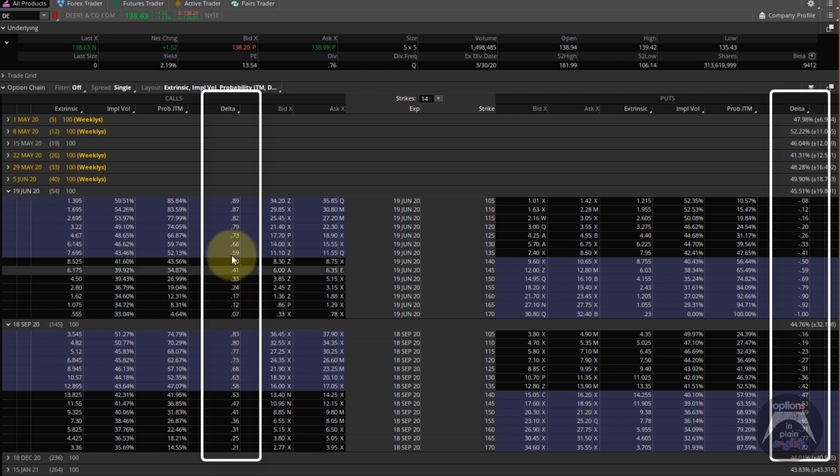So if you remember, as you start getting close to expiration, your in the monies are going to go towards 1 or minus 1 for puts, and your out of the monies are going to start going towards 0. So for example, the 170 that's out of the money for calls in September has a delta of 21, but in May, with less time to expiration, the 170 calls, the same ones, have 7 deltas.